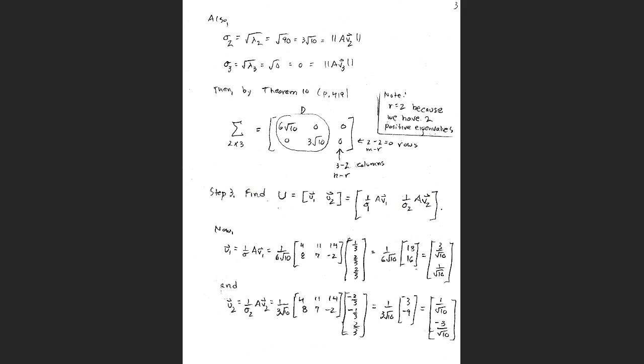All right. Here's the second singular value, sigma 2, which is equal to the square root of lambda 2. That's the square root of 90, which is 3 root 10. And that just equals the norm or length of the vector AV2. And then the third singular value is the square root of lambda 3. That's the square root of 0.